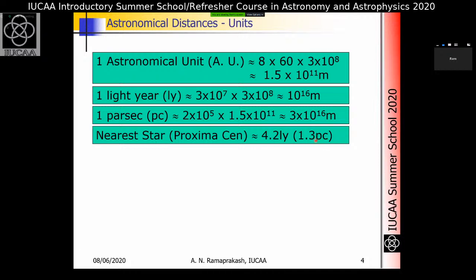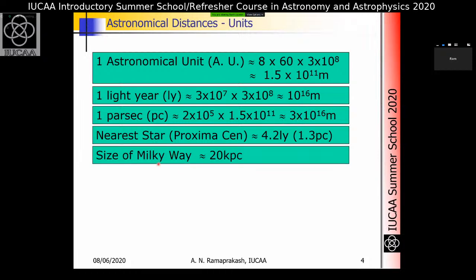So this is typically the interstellar distance. If you take any 2 stars, typically they are separated by a few parsecs. And that is why the parsec is a very convenient unit. Or similarly, they are separated by a few light years, because a parsec is nothing but 3 1/4 light years.